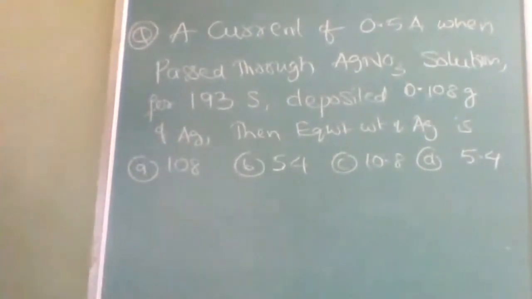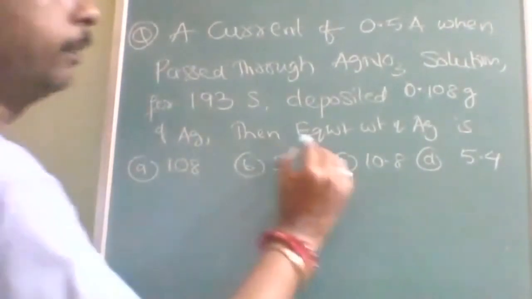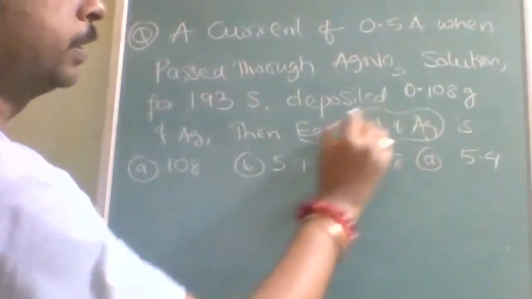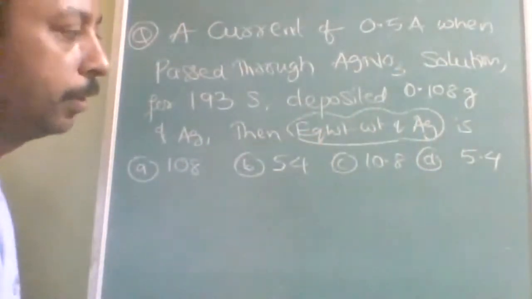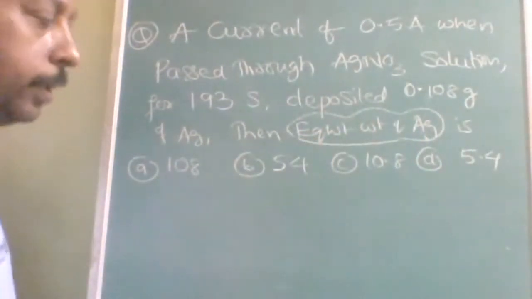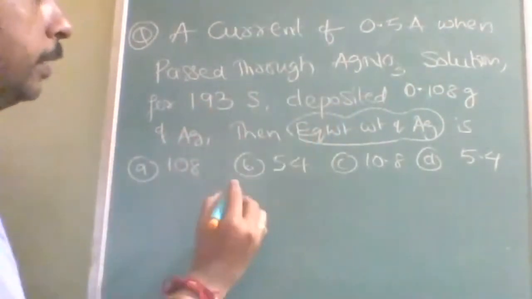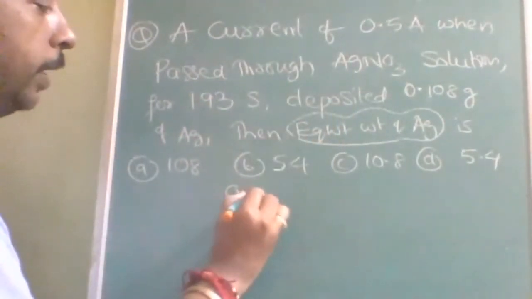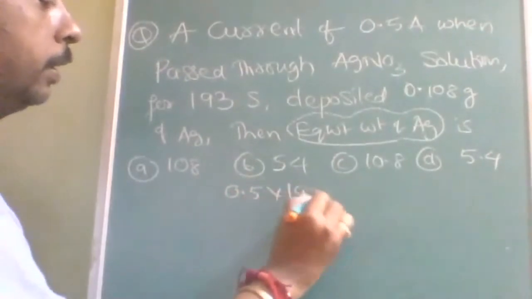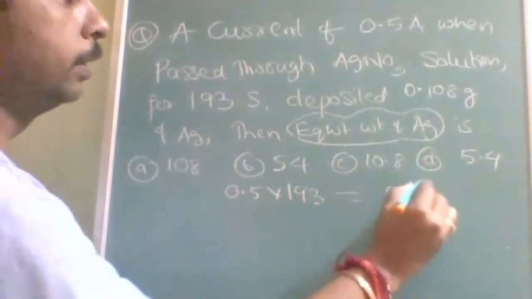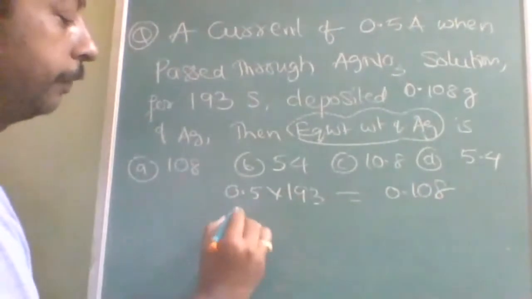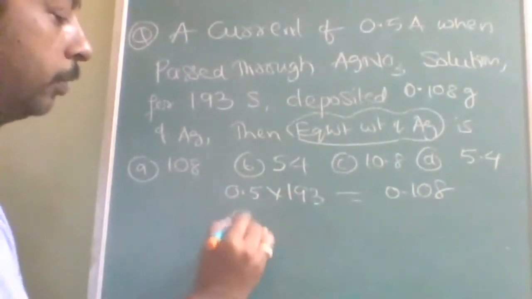See here, very simple question. Equivalent weight is the amount of substance obtained on 1 Faraday. Here, 0.5 into 193 gave 0.108. We want 1 Faraday, 96500.